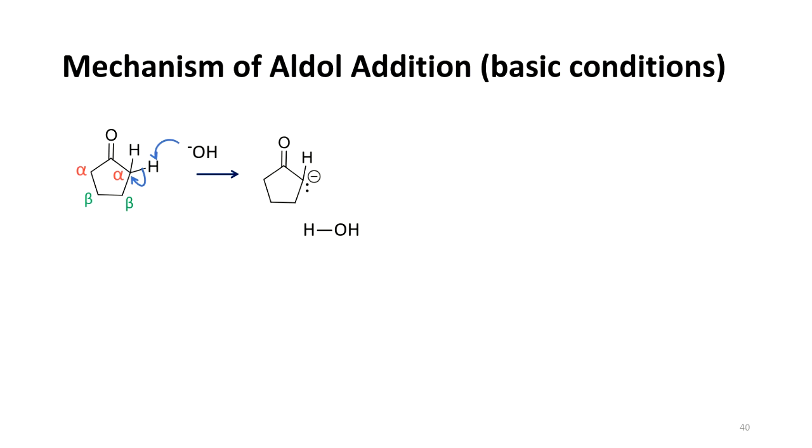And we know that carbonyl compounds are susceptible to nucleophilic addition reactions. So this is our nucleophile and can now react with our carbonyl compound. So here we have our carbonyl compound.